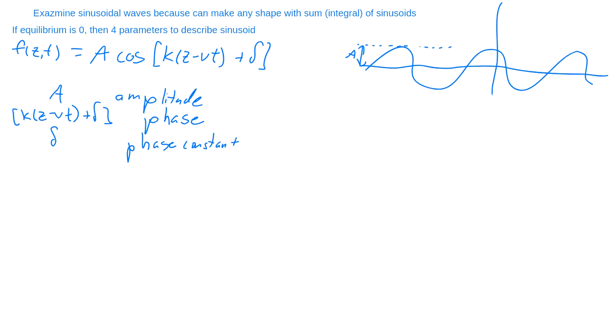And that will tell us, be related to how far left or right we shift this. It's not going to be exactly equal to delta if this is z right here. We would have to convert delta into a position shift based on speed. And speaking of which, v is our speed. How quickly it's moving along to the right.